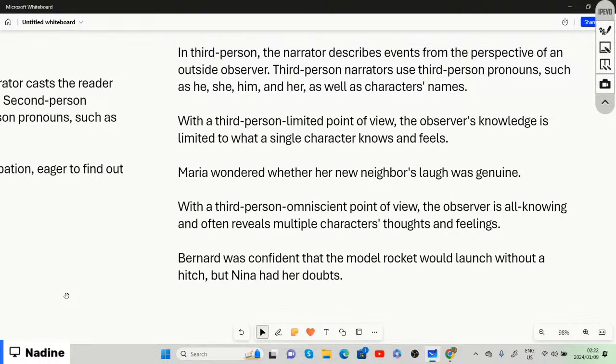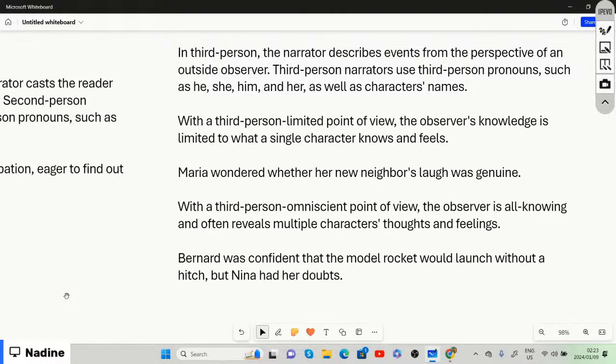And then we have third person limited point of view, and third person omniscient point of view. Third person limited basically describes that the observer's knowledge is limited to what a single character knows and feels. You're not 100% sure.